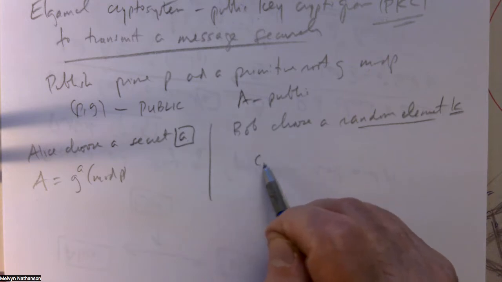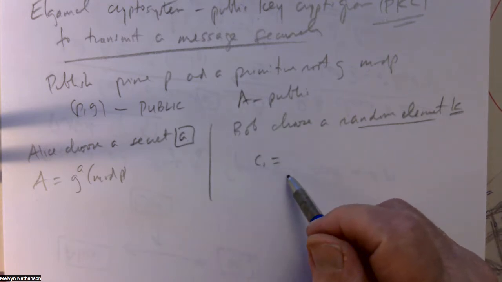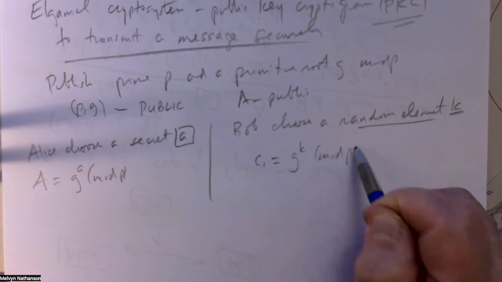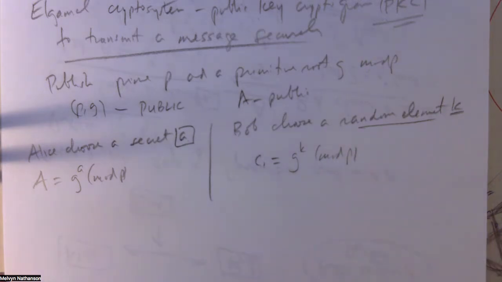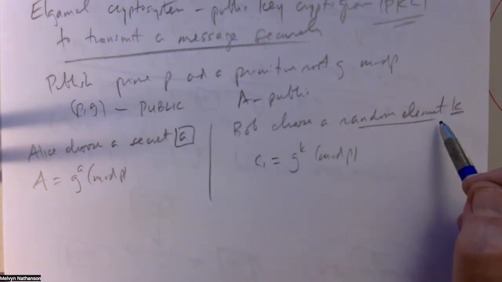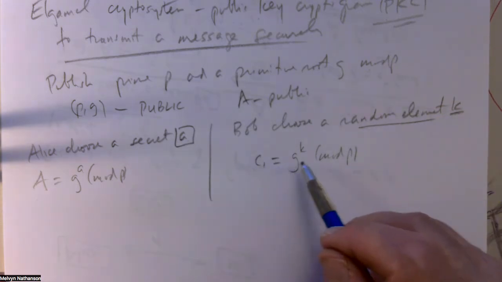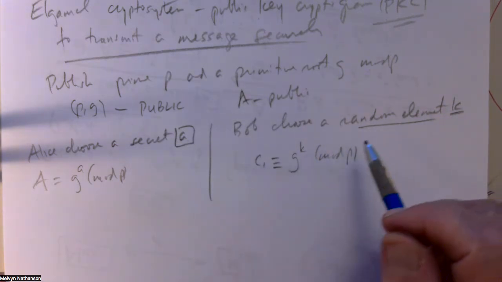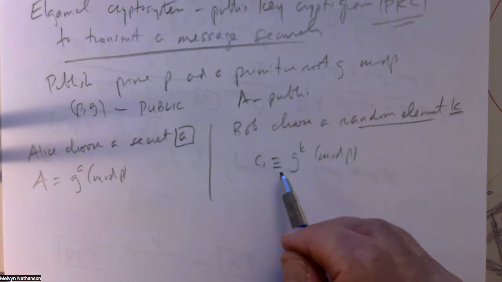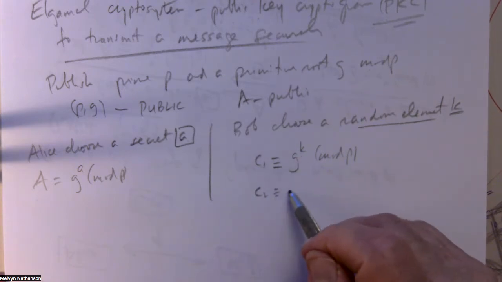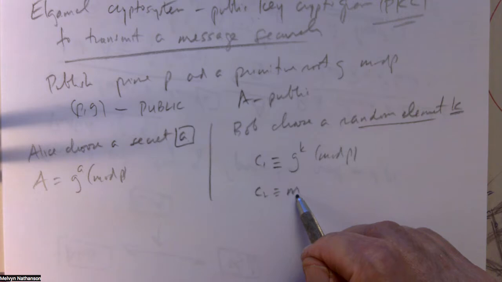Bob lets C1 be equal to G to the power k mod P. So Bob takes G, raises it to his number k, and calculates C1, which is G to the k mod P. And he lets C2 be equal to the message he wants to encode.